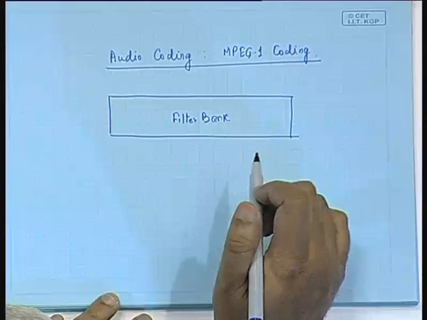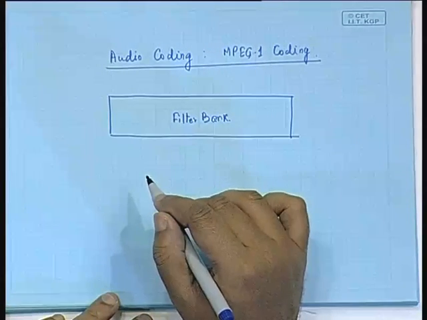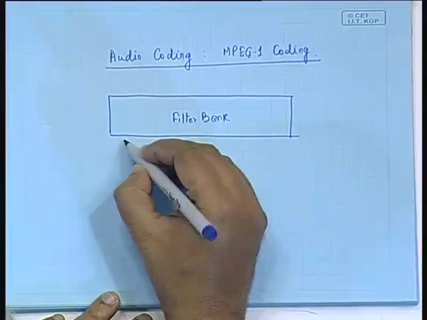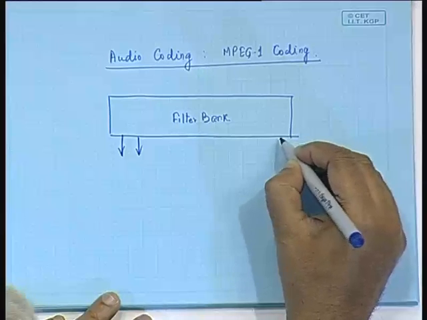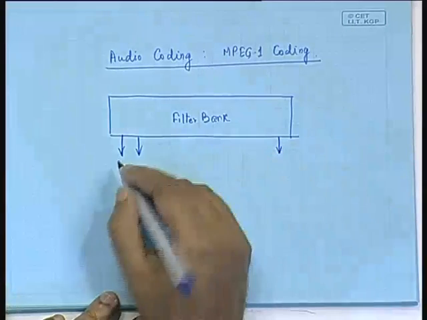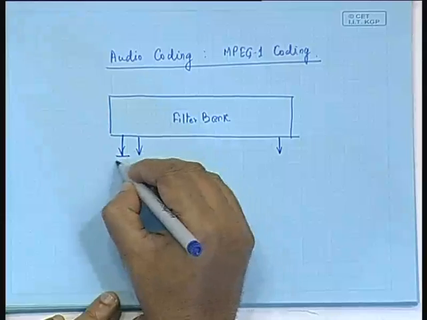Now, once it is filtered, it is filtered into 32 different subbands. These 32 subbands correspond to 32 different critical bands, based on perceptual audio. For each of these 32 subbands we keep a first in first out kind of buffer.